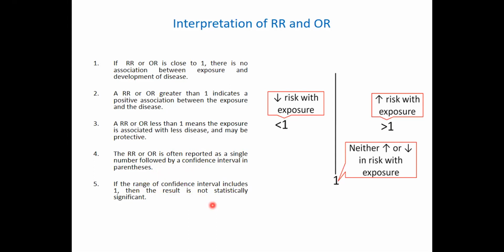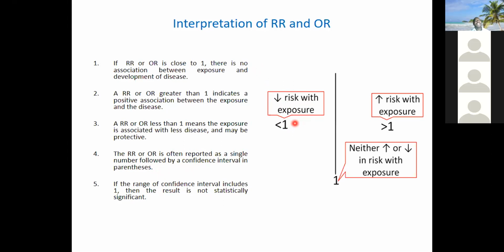I think we have explained that. So if the exposure reduces risk, that is when the relative risk is less than 1. The one about the person that is exposed is the numerator. So if what you calculated is less than 1, the numerator is less than the denominator, meaning that factor is protective.